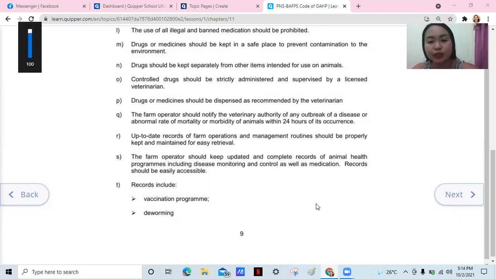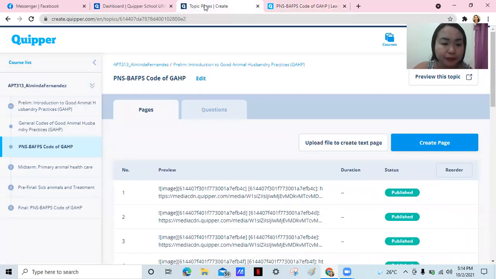For this session, we will just be continuing the previous lessons that we have, which is still under prelim. So we're done with the general codes of good animal husbandry practices.